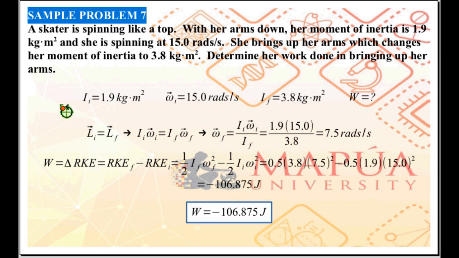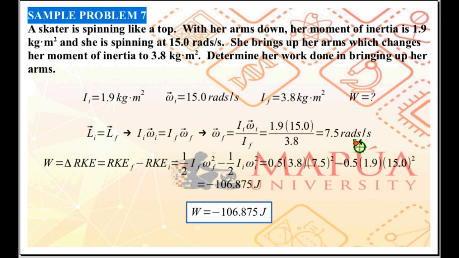And L is just I omega, so L initial is I initial omega initial, and L final is I final omega final. We know I initial, omega initial, and I final. We are able to calculate omega final, the final angular velocity of the skater, to be 7.5 radians per second.